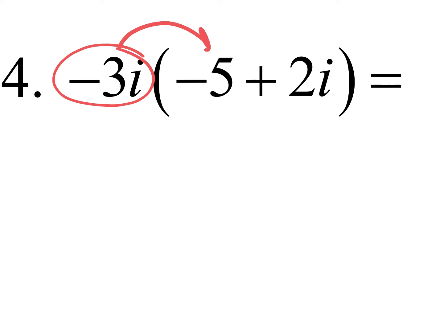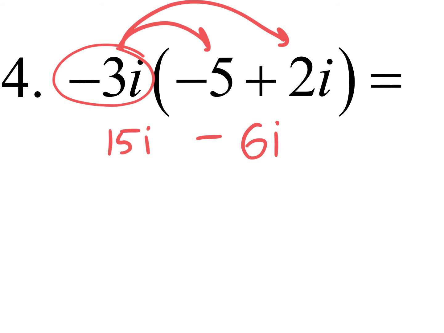-3i times -5. That's like saying -3x times -5. Negative times a negative is a positive with an i. -3i times -5 is positive 15 with an i, right? Now distribute -3i times positive 2i. -6i squared.